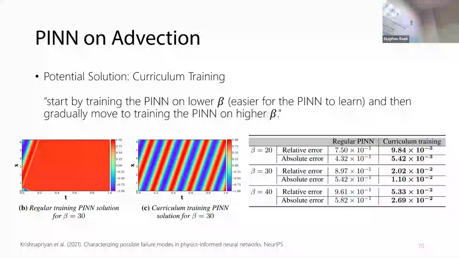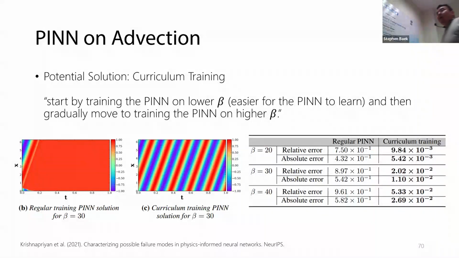As a matter of fact, with that training strategy, the authors were able to train the same PINN model on beta equals 30. Now we have a pretty good prediction result.